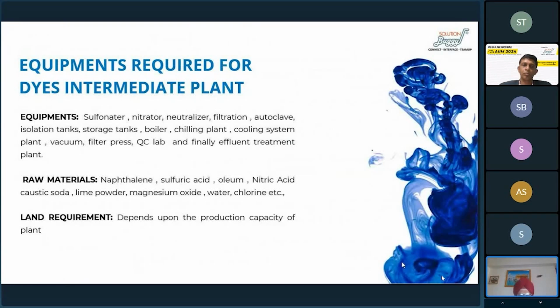Different plants are there. Proper parameters are to be maintained in all, whatever you produce, whether dyes intermediate or the dyes. The quality and parameters have to be maintained. And land requirement depends upon what capacity you want to put in the plant, dyes intermediate. Next slide, please.